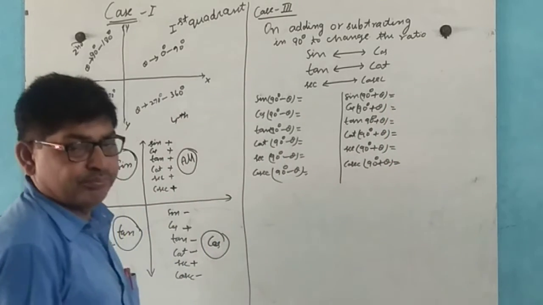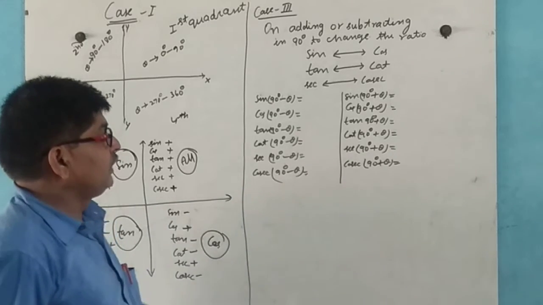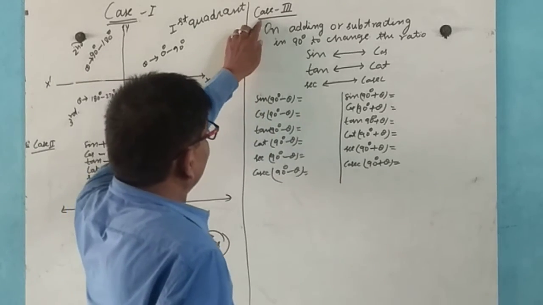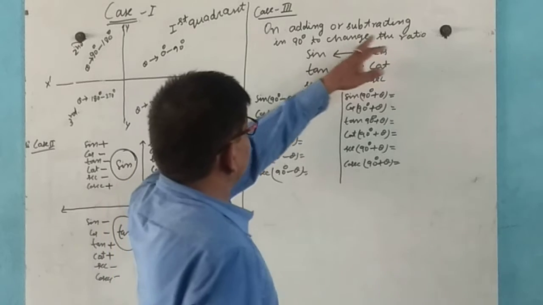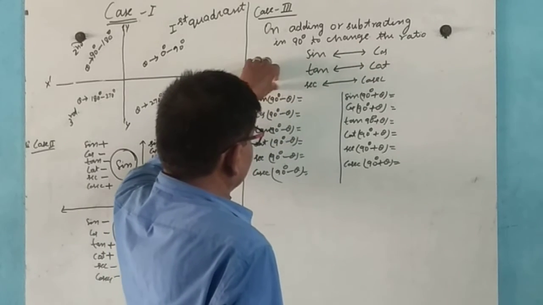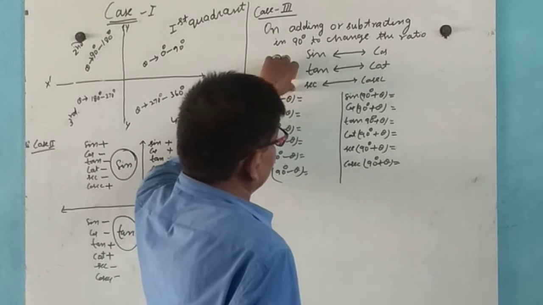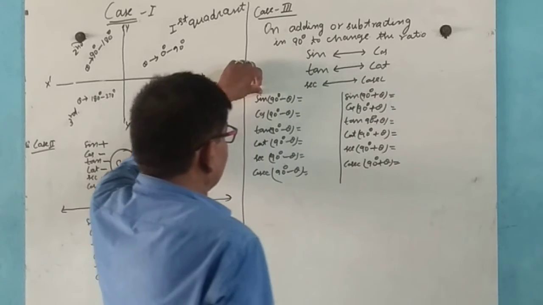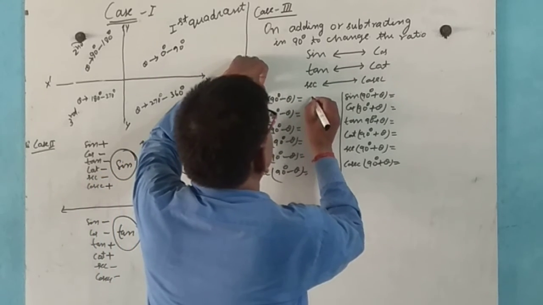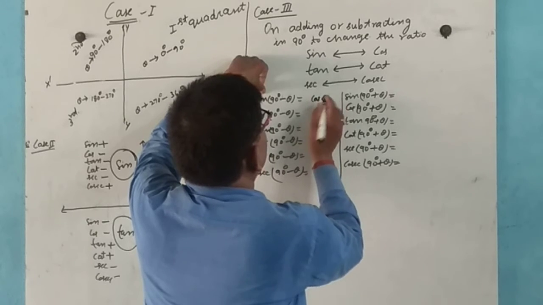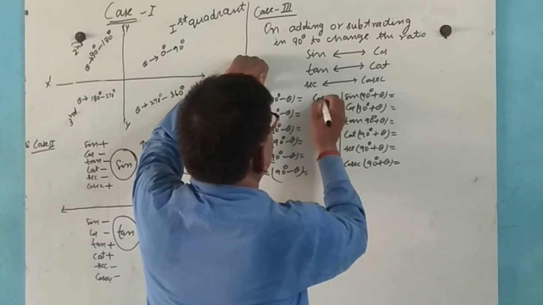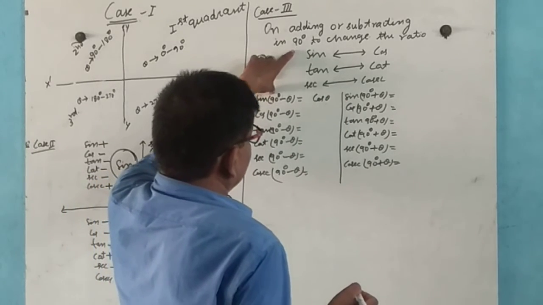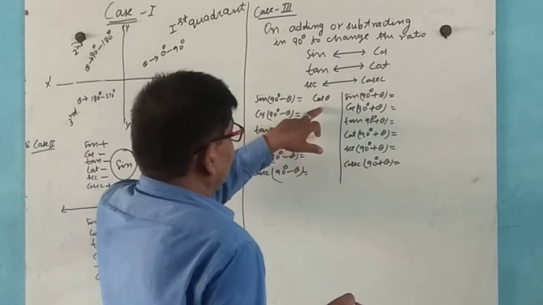Here we write this formula, sin 90 minus theta. As in case third, on adding or subtracting in 90, subtract किया गया है to change the ratio, sin का cos, sin का cos, here sin changes into cos theta, because 90 में से इसको क्या किया गया, सब्ट्रैक्ट किया गया है, sin changes to cos.